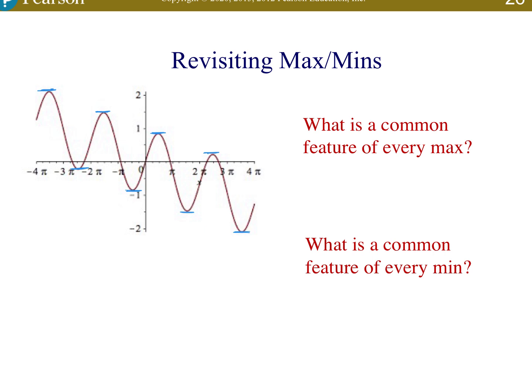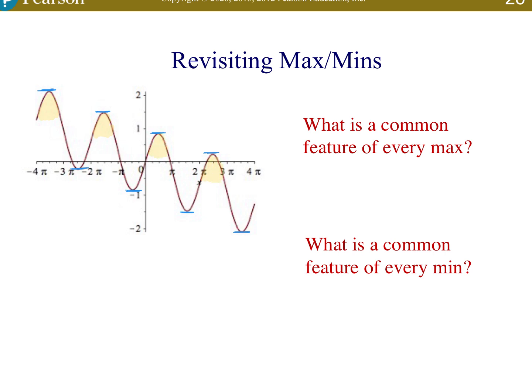But if we look also at the second derivative, we can tell the concavity. So we could tell that every max sits on top of a section that is negative concavity. Every single max has that common feature.